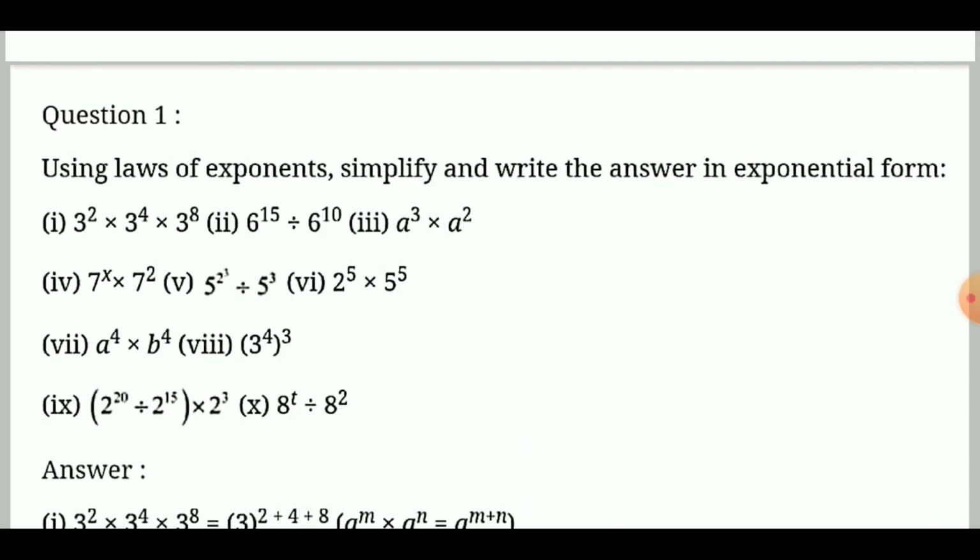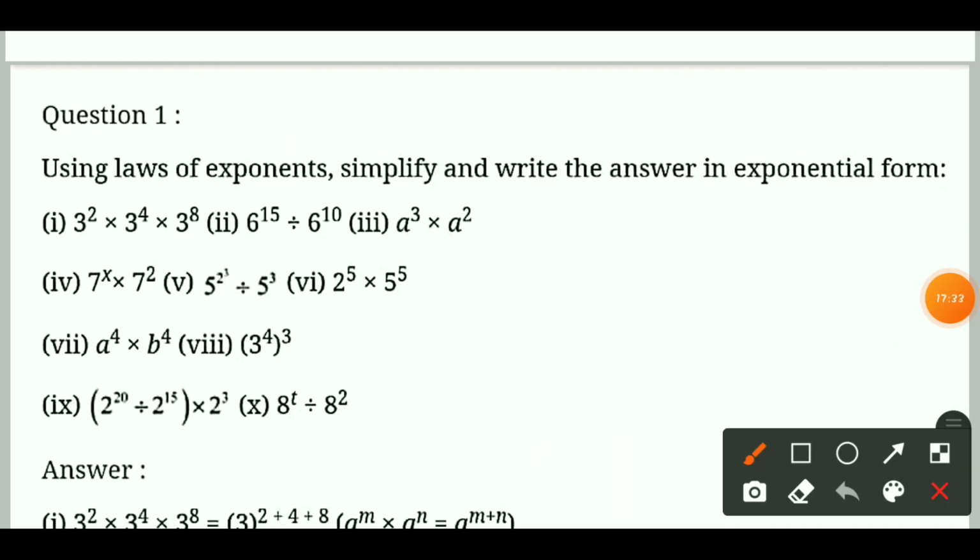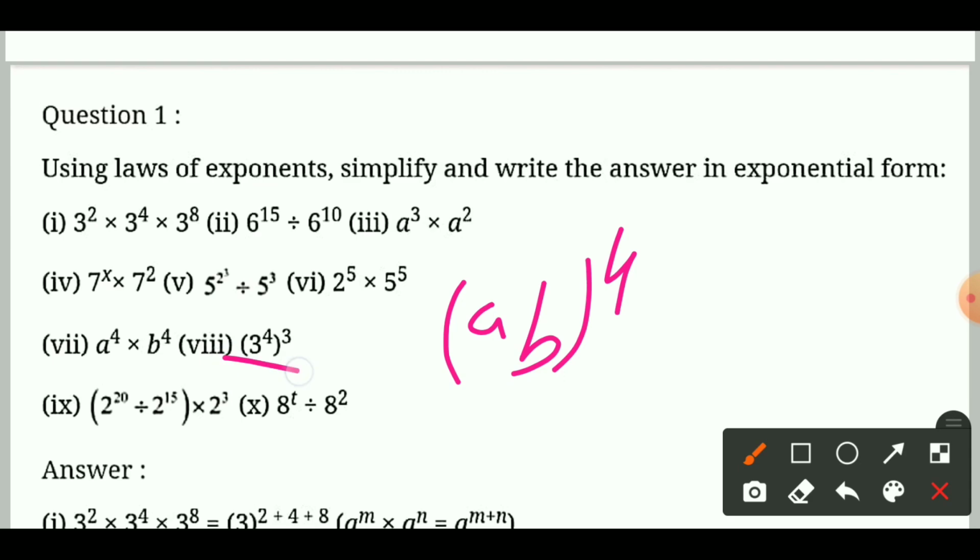Now seventh, we have to do the same method. A multiplied by B, which is AB, take power 4 common. And for the eighth question, we have to do like this. We are going to multiply the powers here, 4 into 3, and you know which law we have to use here.